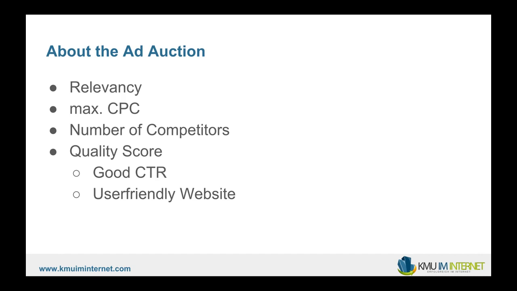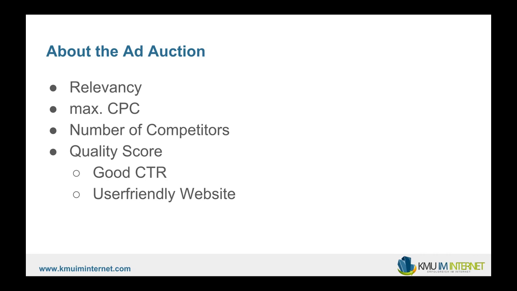At the end, one thing to know is that not always the participant with the highest CPC wins the auction. That means comes to place one in the ranking at the ad spaces. Often it is so that quality score matters and not just the money.